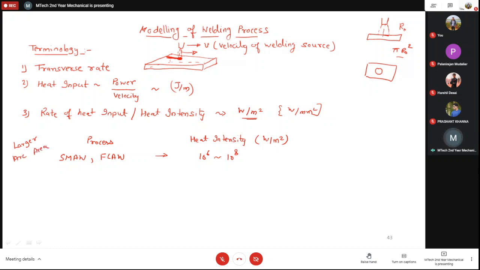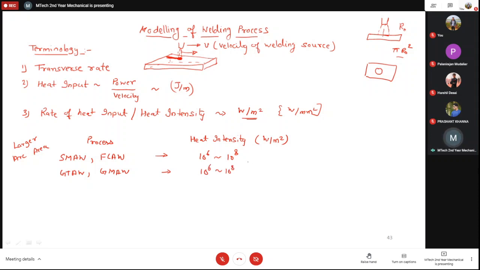Okay, so due to the larger amount of arc area, the intensity of the heat decreases because we are providing heat over a larger surface. But if we go to other processes which use thinner electrodes, like TIG welding, gas tungsten arc welding, and MIG welding, gas metal arc welding, then they have a bit smaller electrode, so their range can vary from 10 to the power 7 to 10 to the power 9, or a similar type of range.